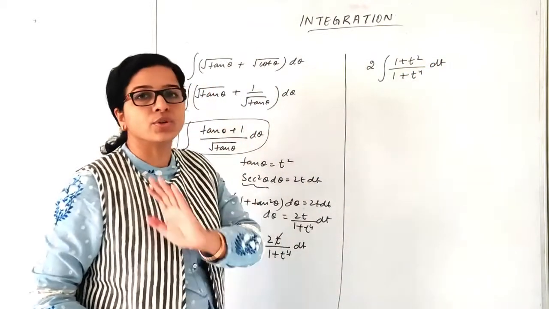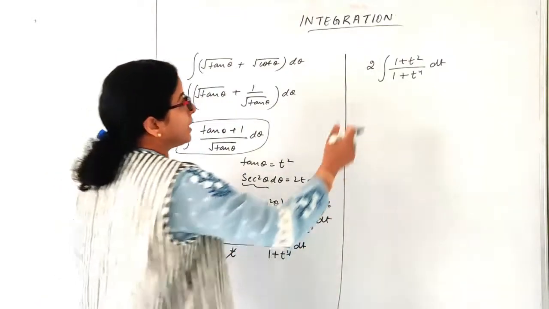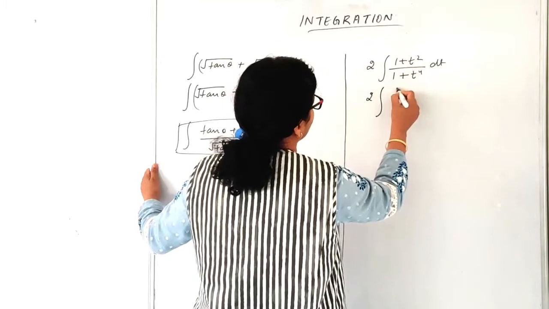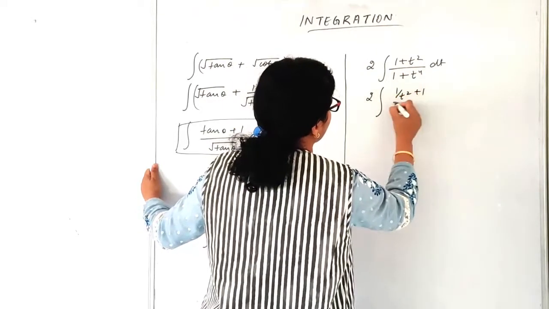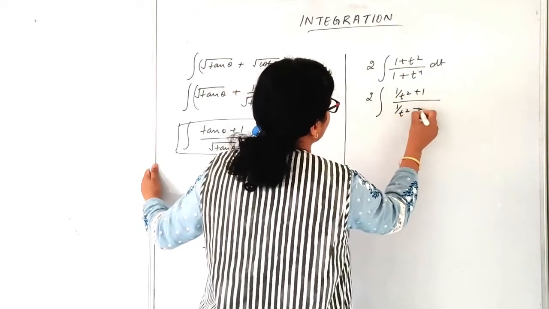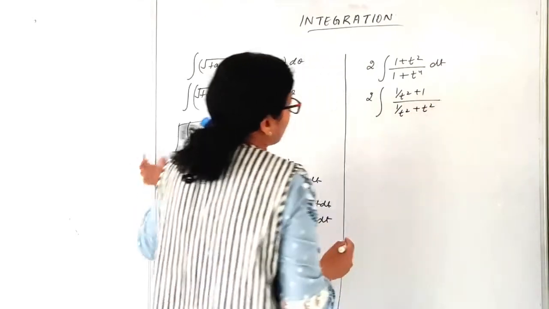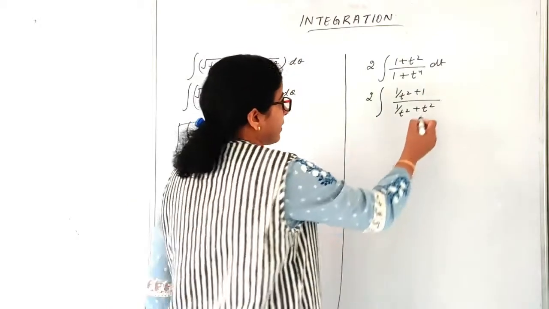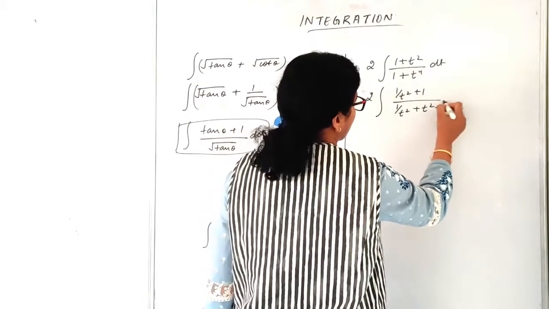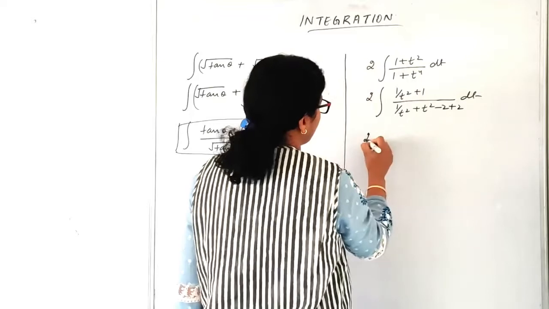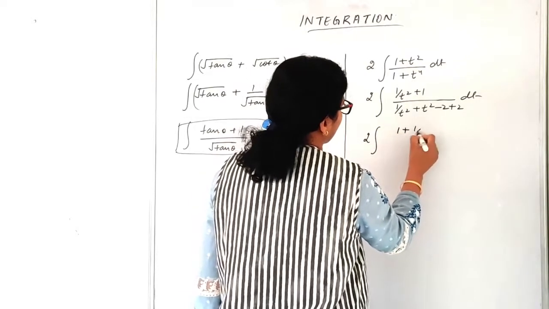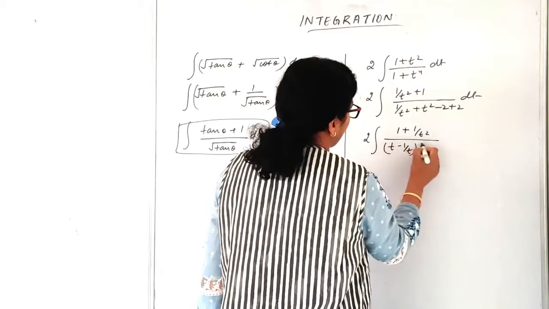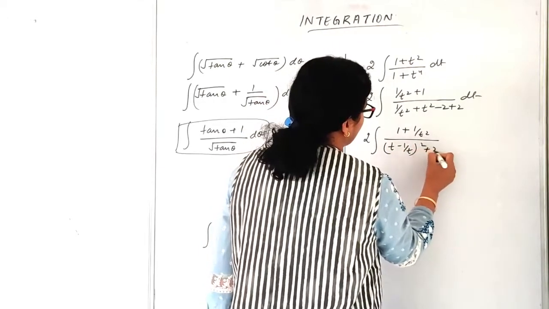Now, using our usual traditional method, divide numerator and denominator by t square. So (1 by t square plus 1) upon (1 by t square plus t square). Now on the top I have plus, so I'll make a whole square of negative in the denominator, so minus 2 plus 2 dt. So I will get (1 plus 1 by t square) upon (t minus 1 by t) whole square plus 2, dt.